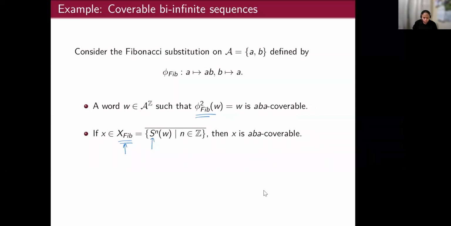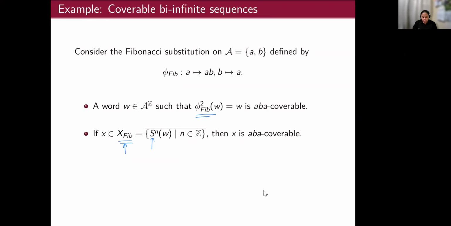When we take the closure of the orbit under the shift map, we do so by looking at it as a subspace of A to the Z. The set here is referred to as the subshift X associated to our substitution phi. We can also refer to it as the subshift generated by our bi-infinite word W.